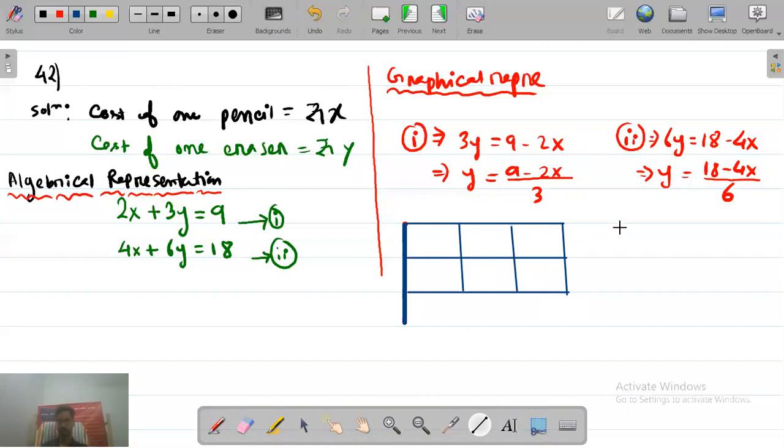Again, you have to make one table also for this. Yes. Now see.